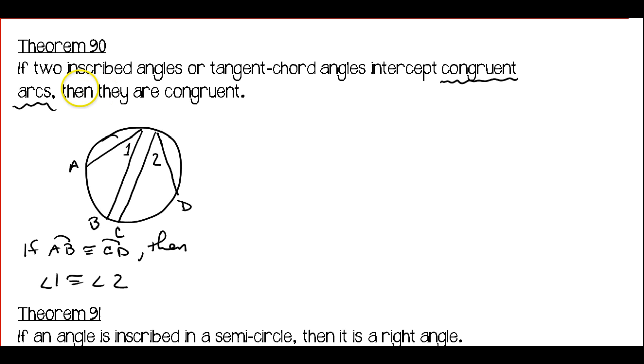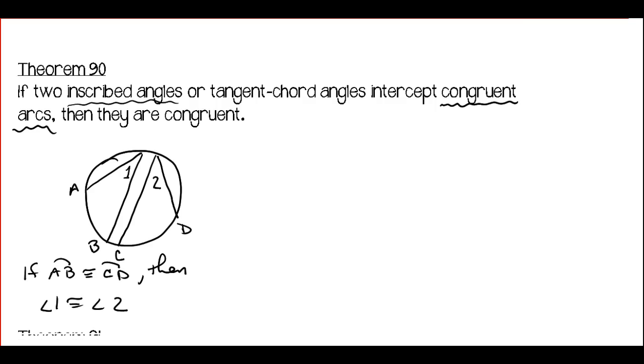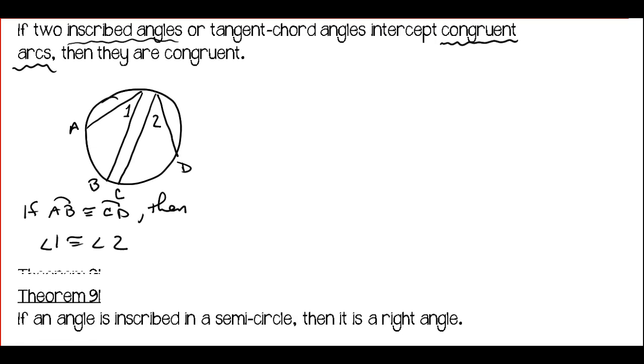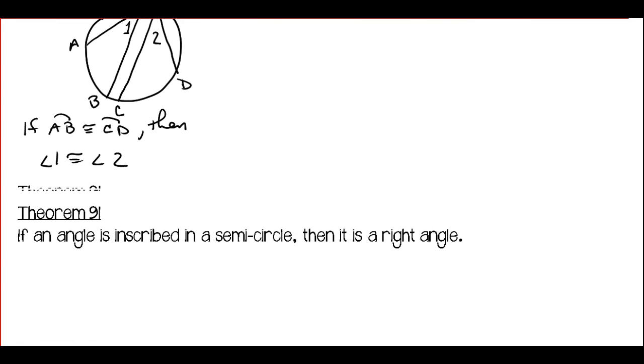This is just an example of the inscribed angles. It would also work with tangent chord angles, so keep that in mind. I think we already knew these. We're just formalizing them with theorems.